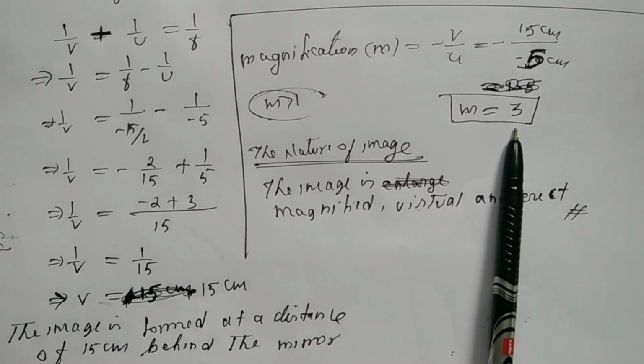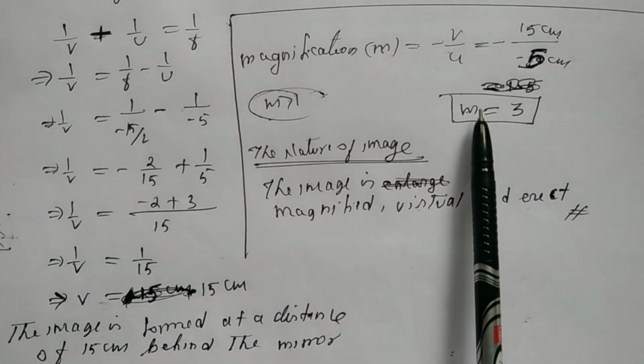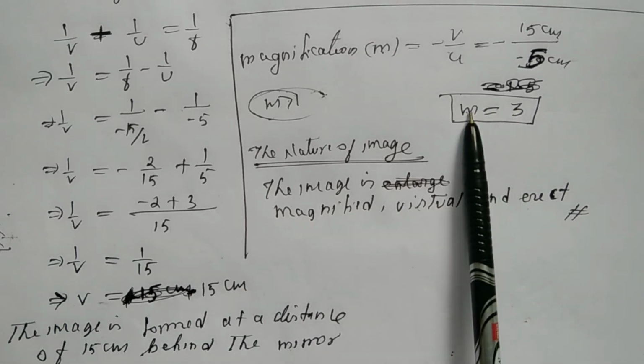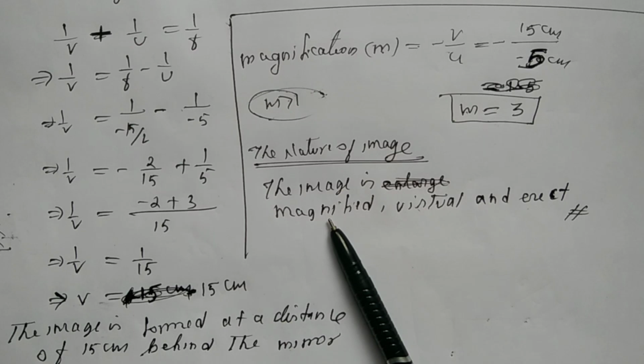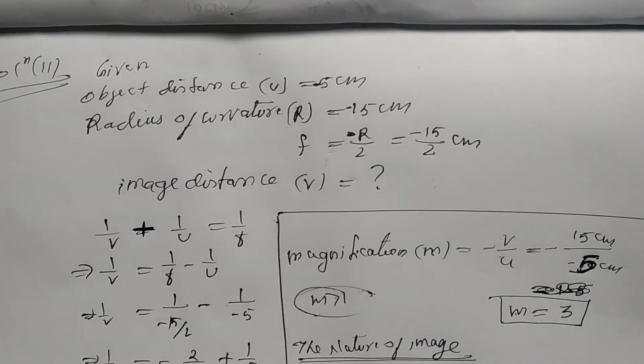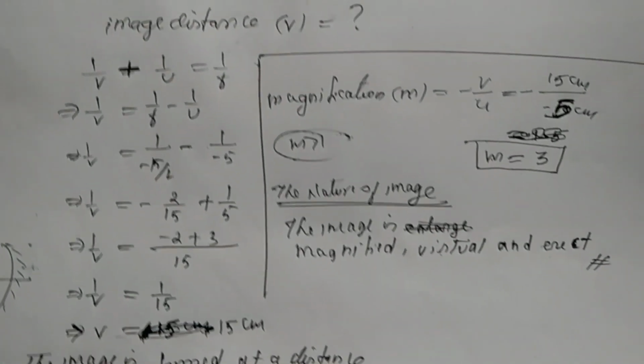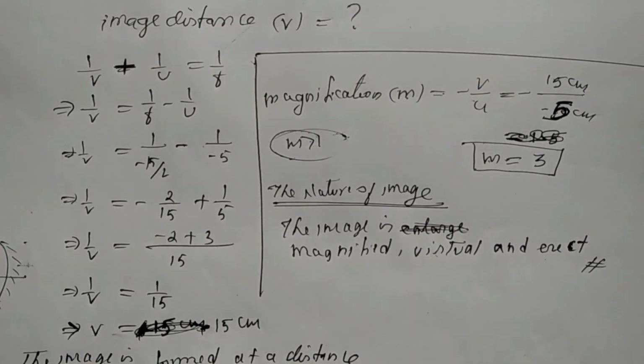If m less than 1, that means 0 point something, it is diminished. So here m equal to 3, so it is magnified. Positive, it is virtual and erect. So this way you have to solve this type of numerical problem. Okay, so the solution is starting from here up to here.